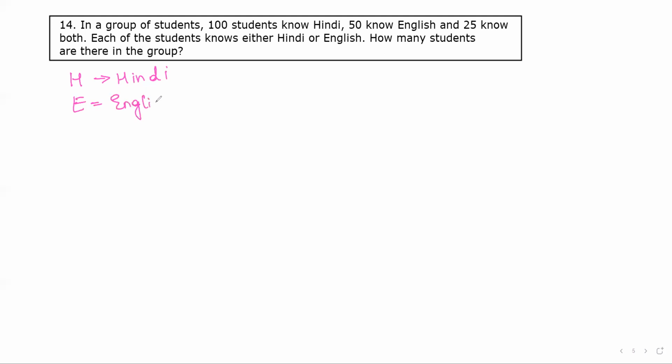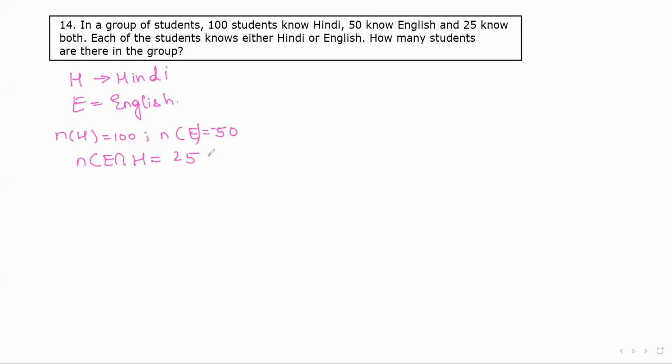I'm not writing the whole statement. You're given that n of H is equal to 100, n of E is equal to 50. 25 know both means n of E intersection H is equal to 25.